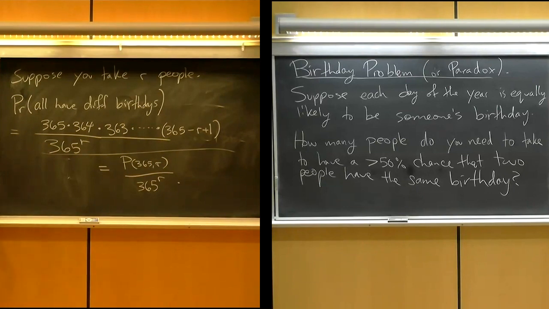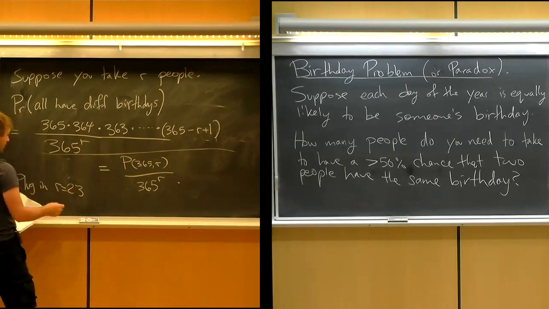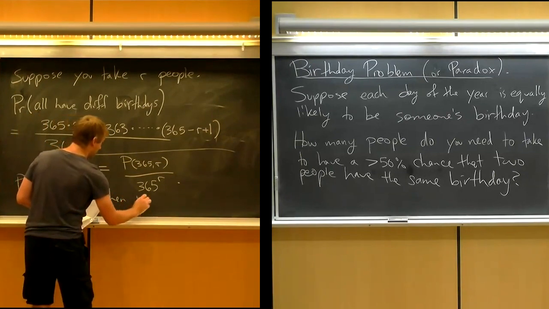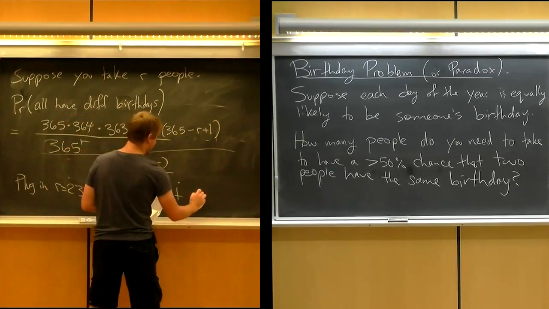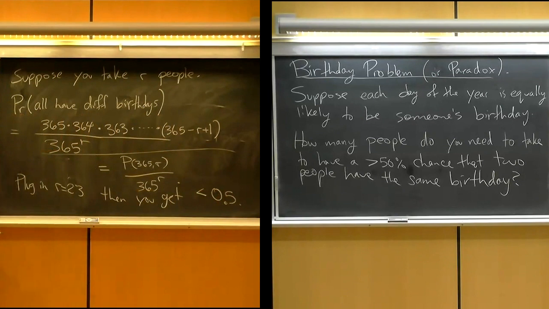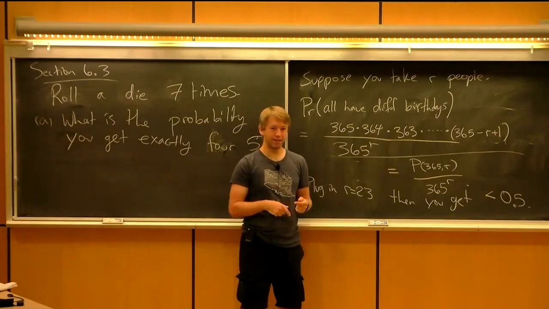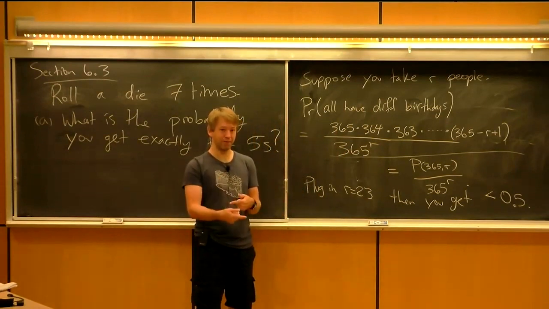And if you plug in numbers, you'll see that if I plug in 23 for R, you get a number something less than 0.5. So if I've just got 23 people, the chances that they all have different birthdays is less than 50%. But that means the probability that 2 of them have the same birthday is bigger than 50%.